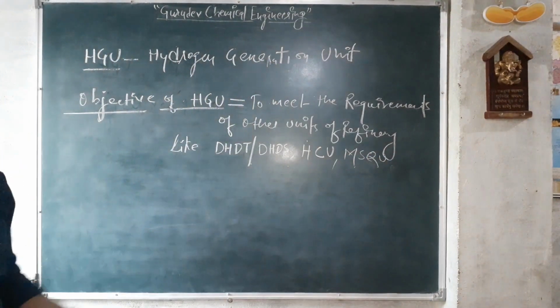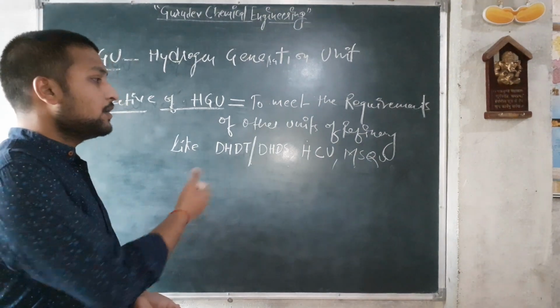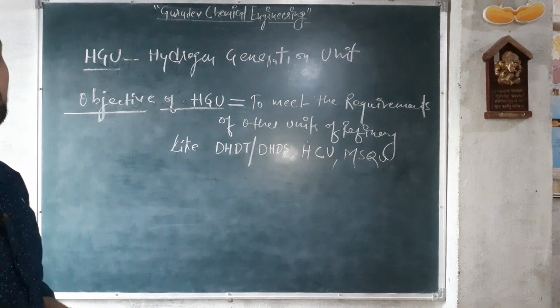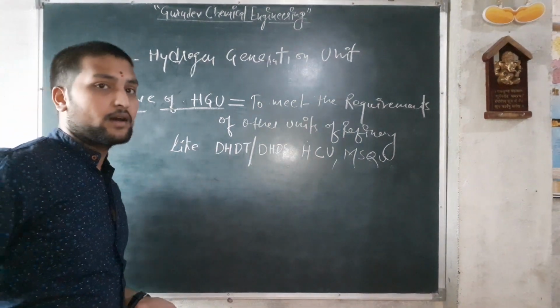So these are some units that consume hydrogen. That's why we are producing hydrogen in the refinery. So that was our objective.